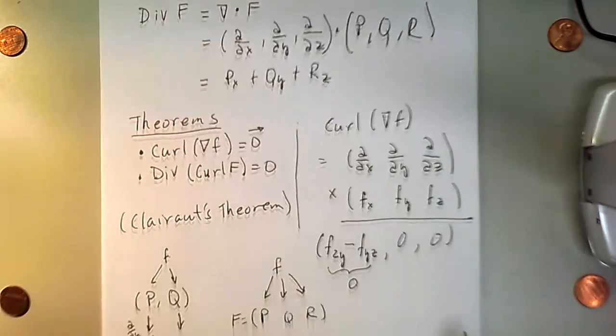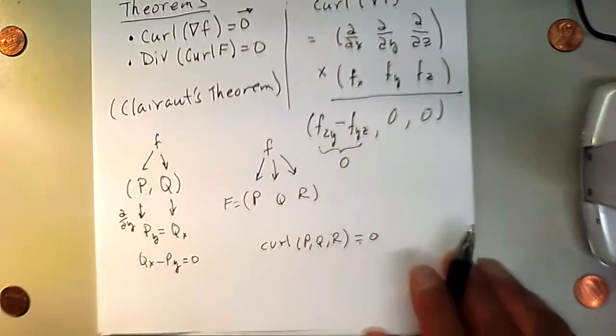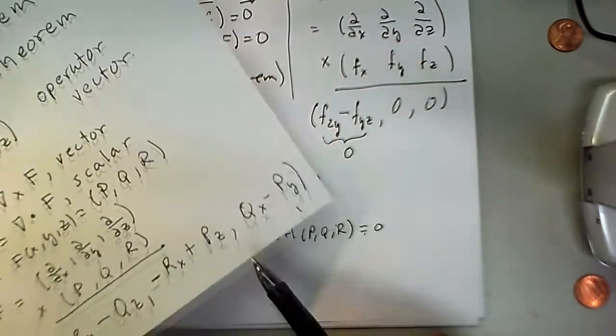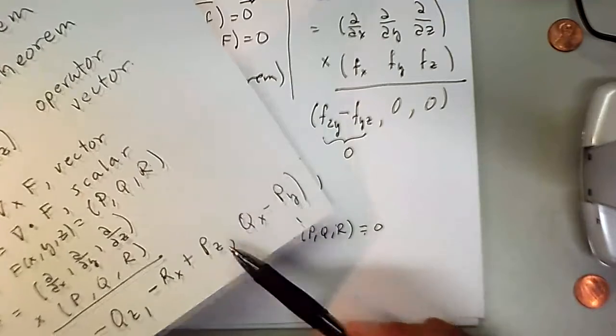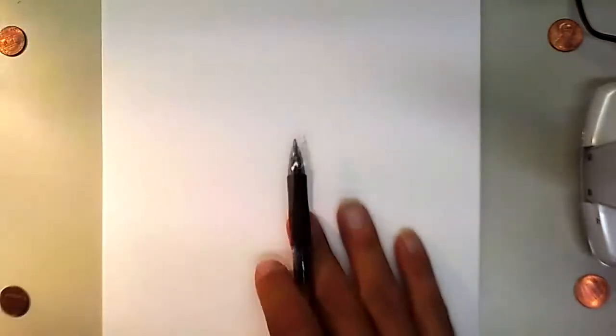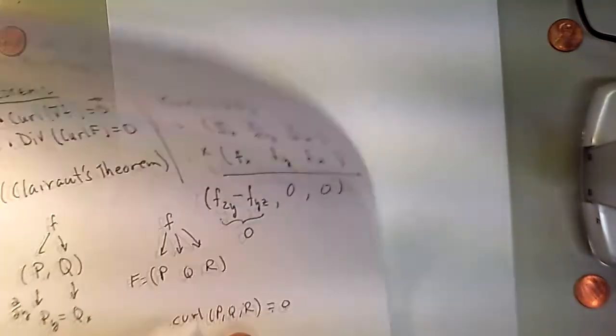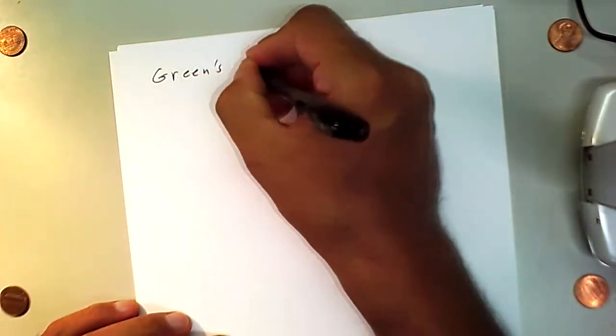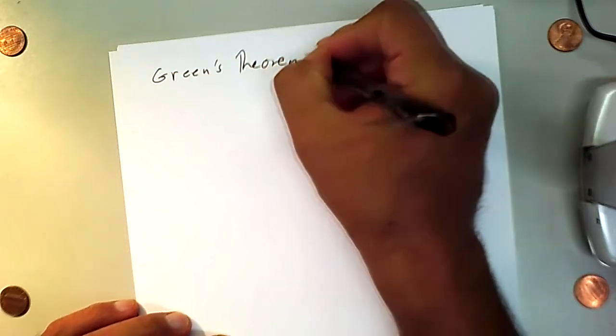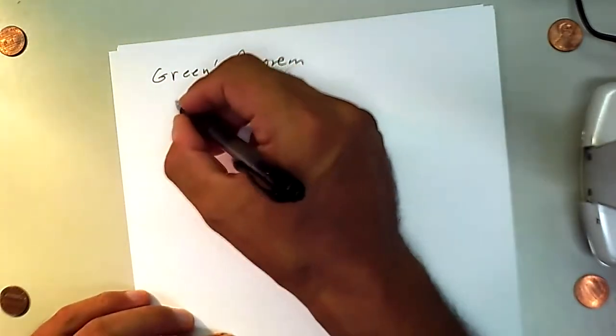I want to emphasize again that this part shows up in Green's theorem. So I just want to rewrite Green's theorem differently. This allows us to write Green's theorem a little differently.